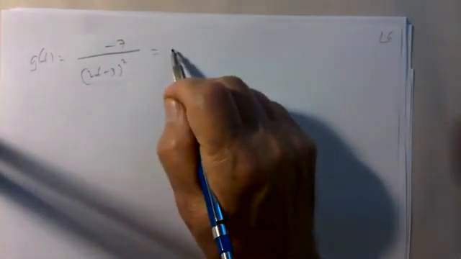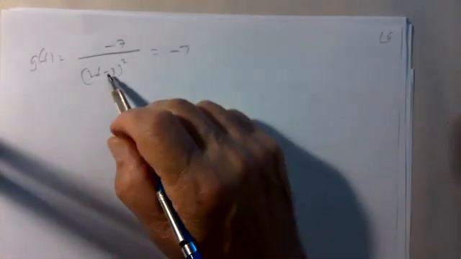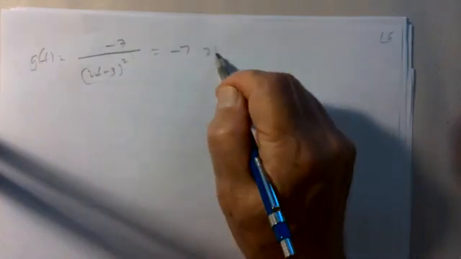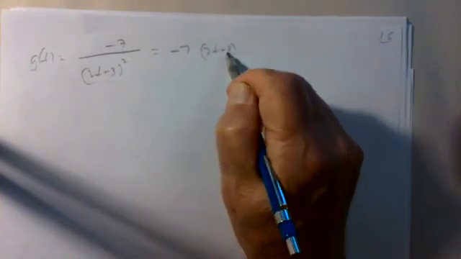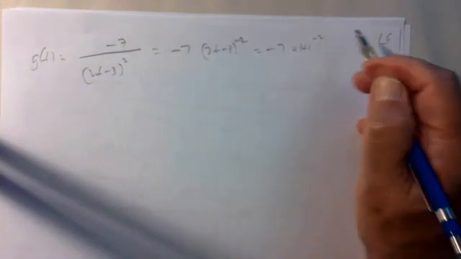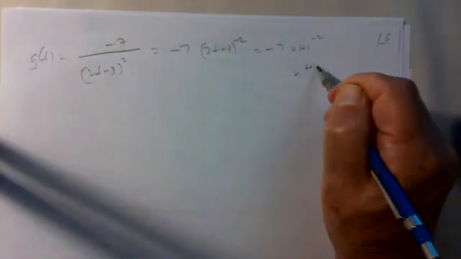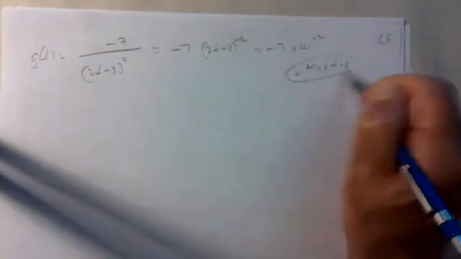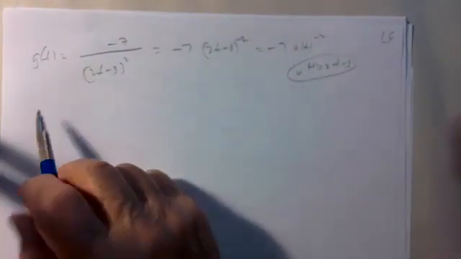It's a little bit easier to write this as minus 7 times (2t minus 3) to the power minus 2. So we can think of this as minus 7 u of t to the power minus 2, where u of t is 2t minus 3. That's what we're putting in there.